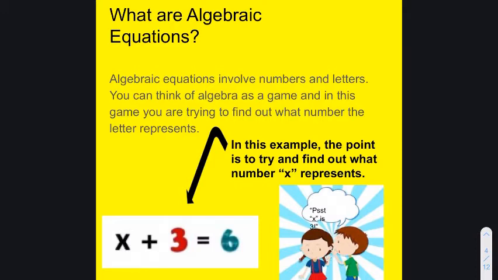So let's take a look at this example here. We have x plus 3 equals 6. So again, let's think of it like a game. And in this game, we're trying to find out what number x would be. Right now it's a mystery, we don't know. And we're trying to find out what it is. So in this unit, we're going to learn how to find out what those letters are.